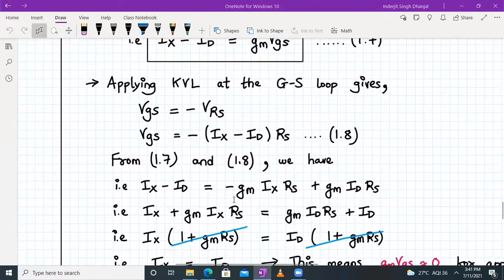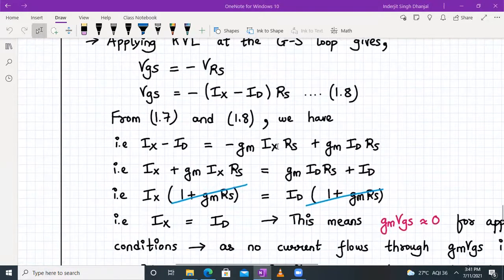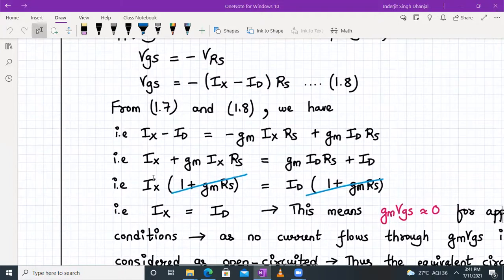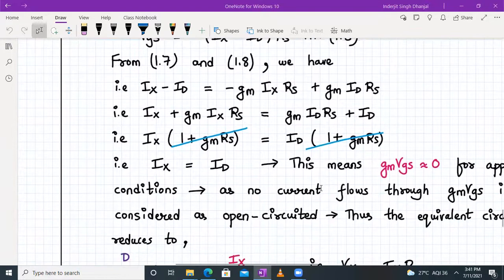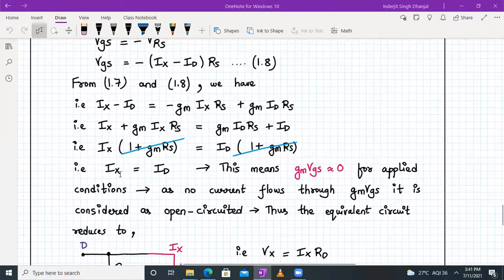If we open the bracket, we get minus gm Ix RS plus gm ID RS. Now we collect the terms of Ix together and ID together. So we get Ix into 1 plus gmRS is equal to ID into 1 plus gmRS. As you can see, 1 plus gmRS cancels out from both sides. That means Ix is equal to ID.